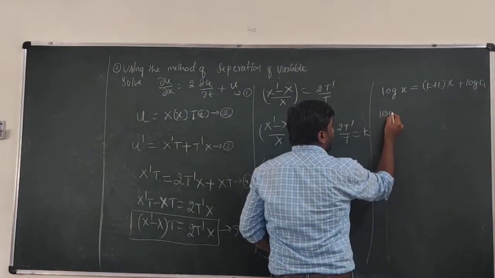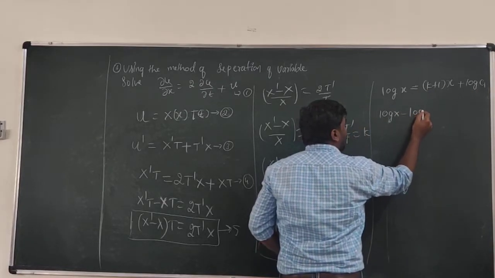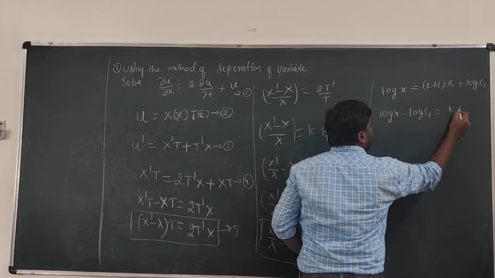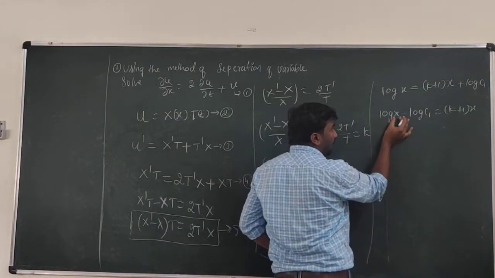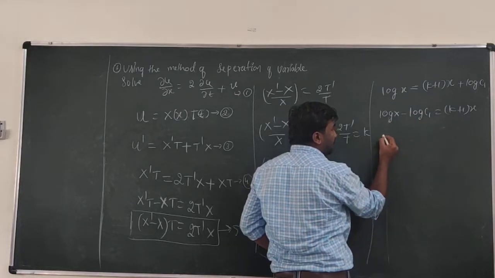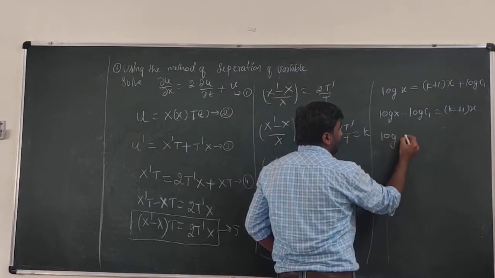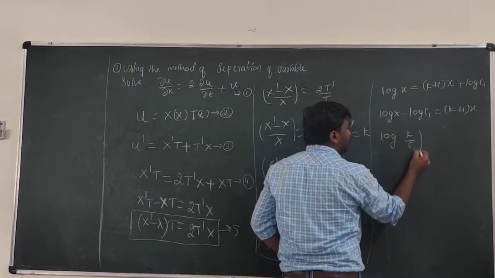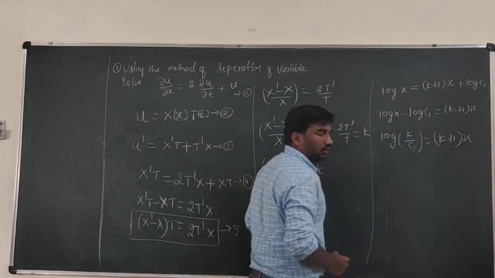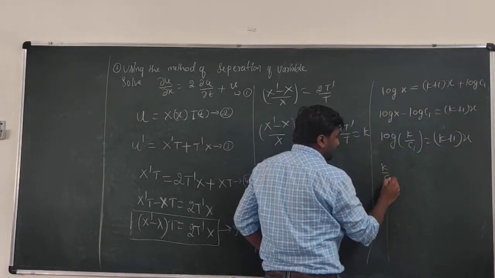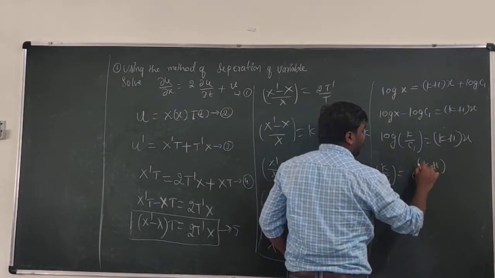Moving log c1 to the left side, log X minus log c1 is equal to (k plus 1) x. This is in the form of log m minus log n, which can be written as log of m by n. So we get log (X/c1) is equal to (k plus 1) x, and X/c1 is equal to the exponential power of (k plus 1) x.